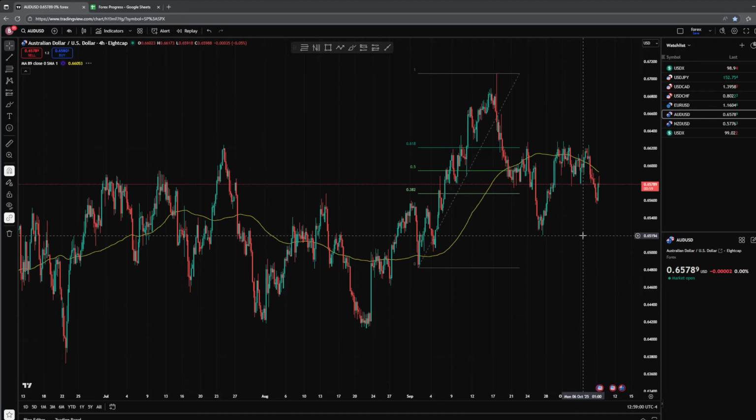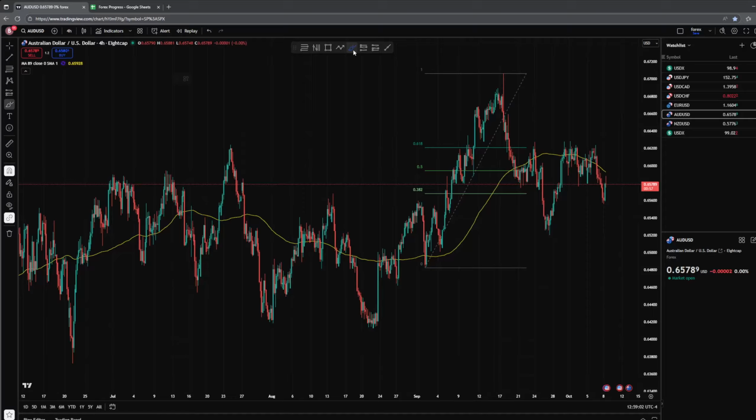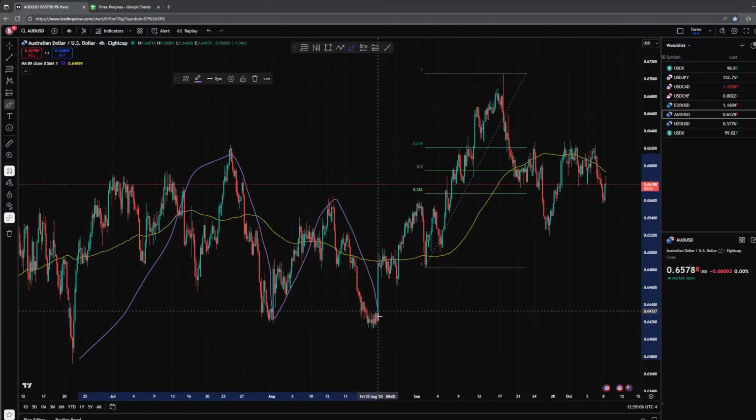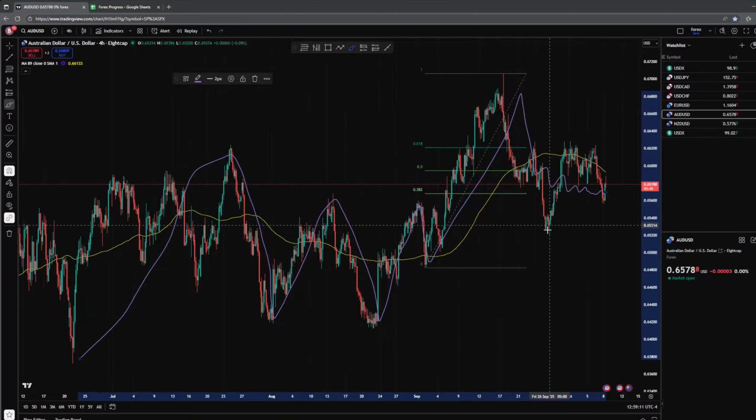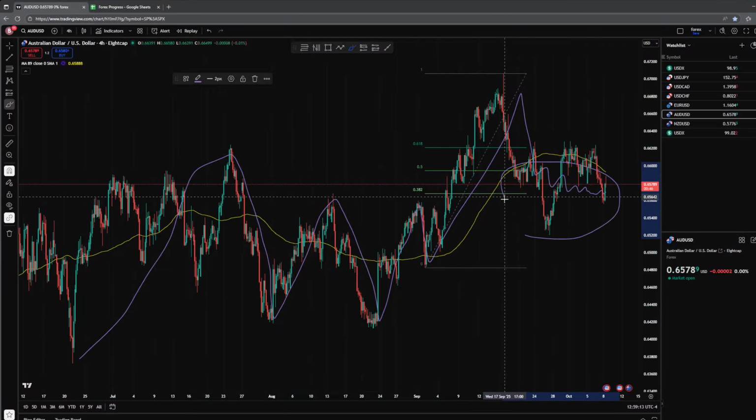Okay, Aussie. So here on Aussie, we have original trend is up, retracement, up, retracement, up, retracement, up. Market is currently retracing. Not enough candles are down below the yellow moving average line price wise. That means the trend is still up.